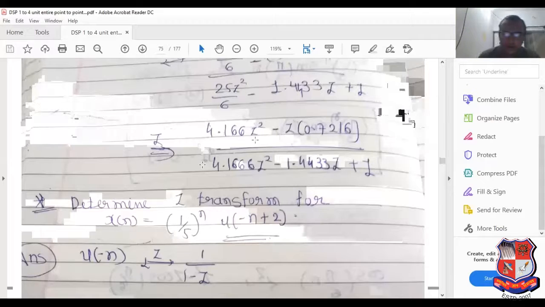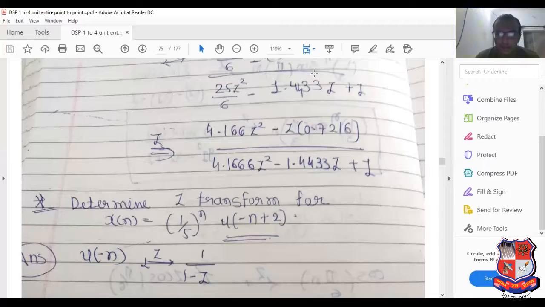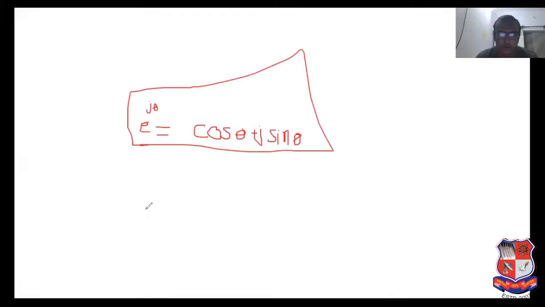Now see this particular example: determine the z transform of the given sequence u of minus n plus 2. I have shared the whiteboard here. Now consider u of minus n. What is the z transform of that?